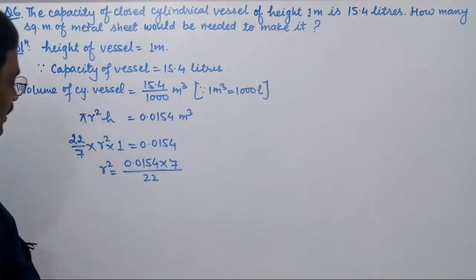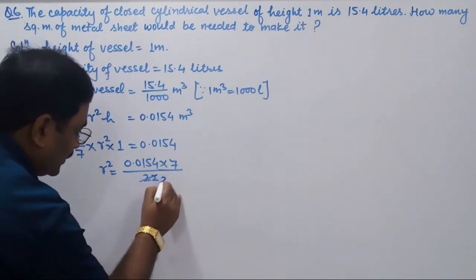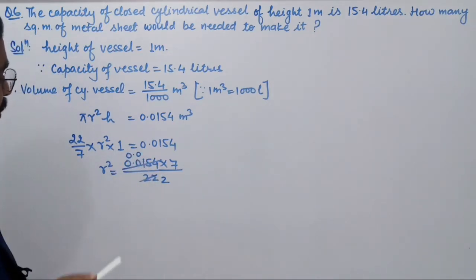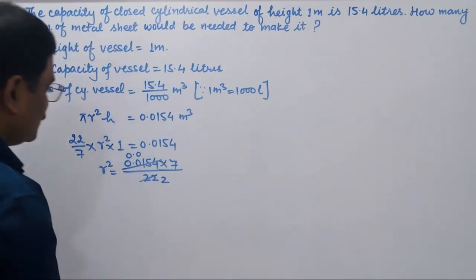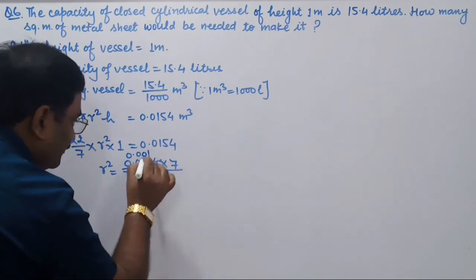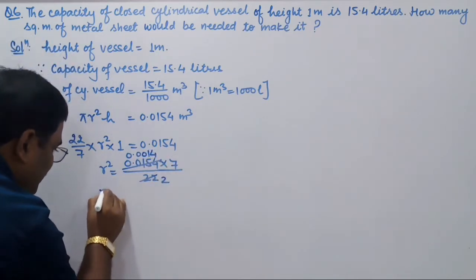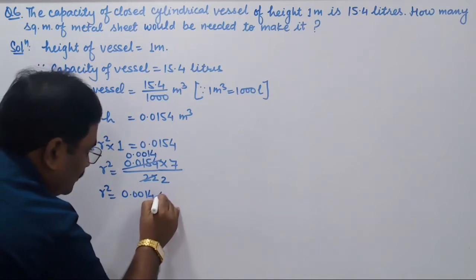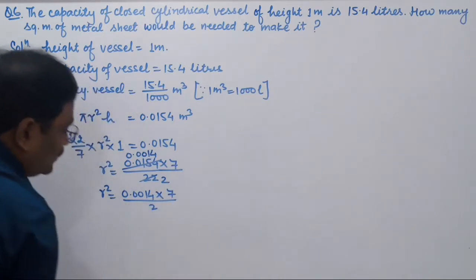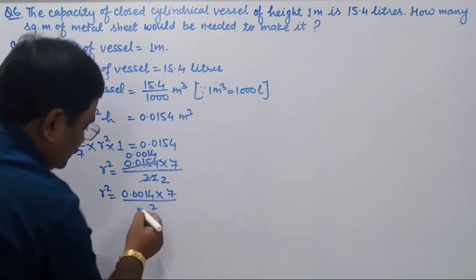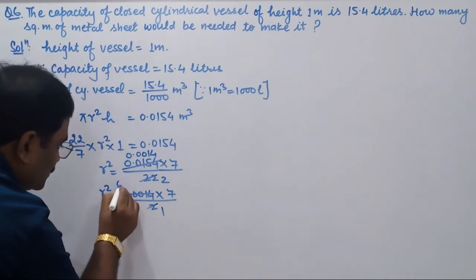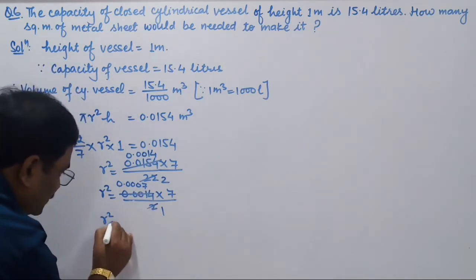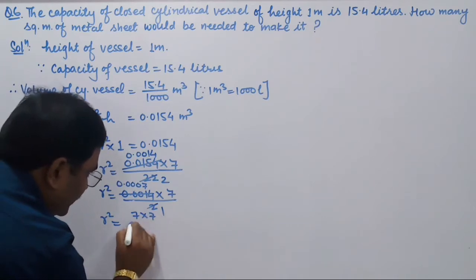Let us simplify this. Then we will get 0.0014 multiplied by 7 divided by 2, which gives you 0.0007. So r square is equal to 7 multiplied by 7 upon 10,000.